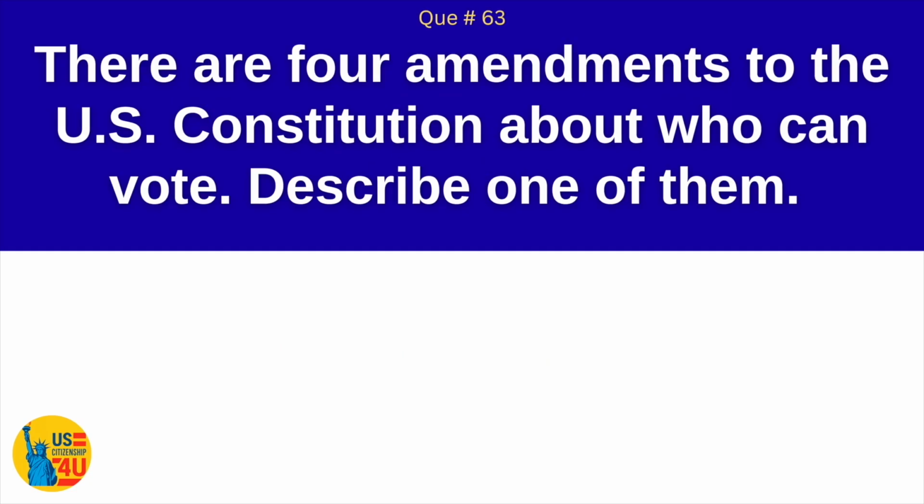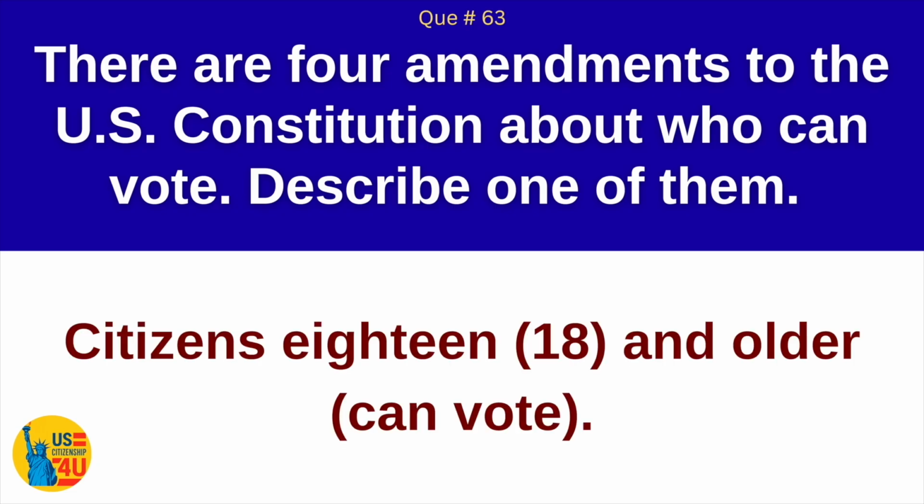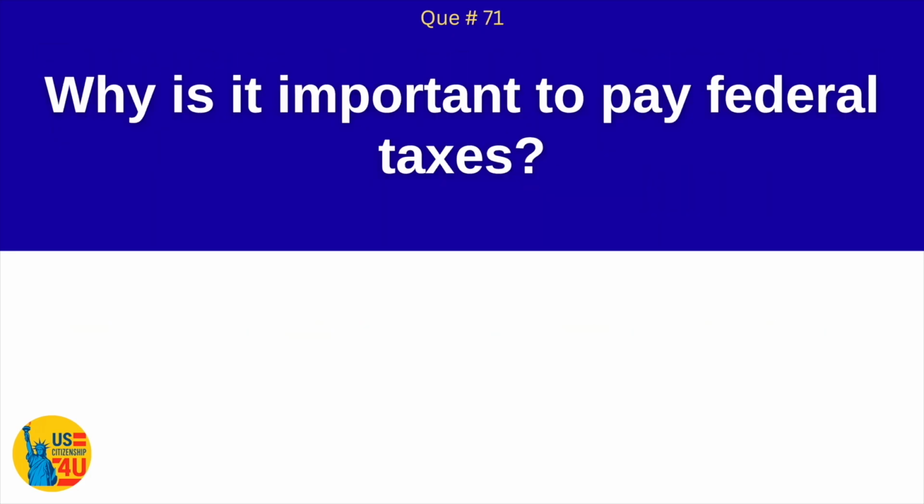There are 4 amendments to the U.S. Constitution about who can vote. Describe one of them. Citizens 18 and older can vote. Why is it important to pay federal taxes?